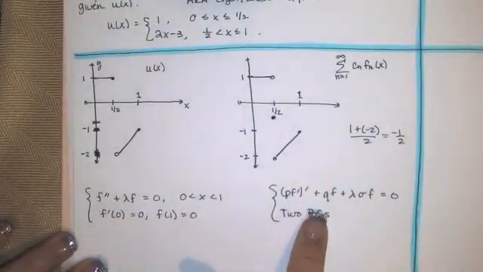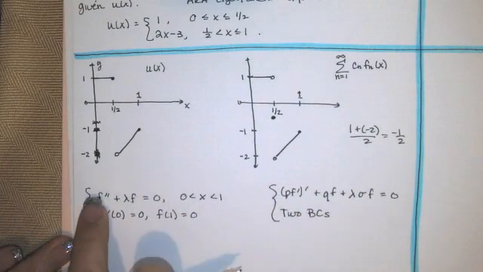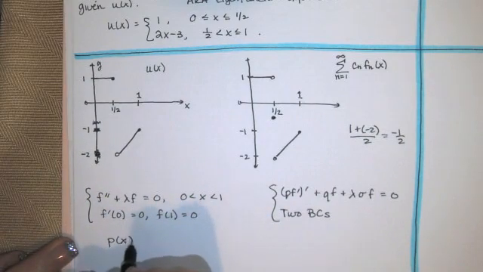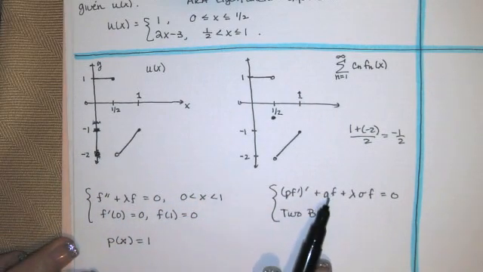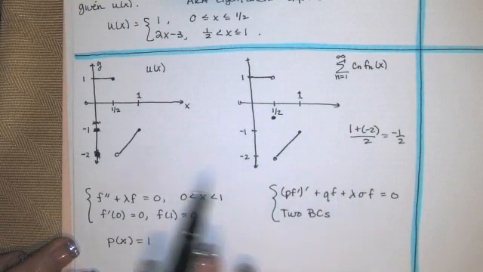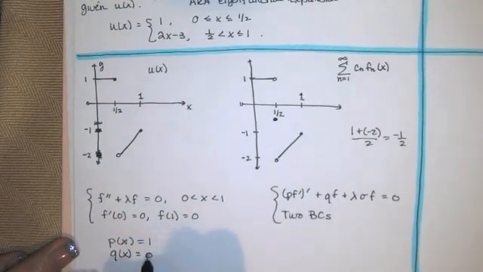Now, if we compare this, I think we can see immediately that p is just 1 because we've got an f double prime here. If I'm looking for a term that involves my function f times another function not involving lambda, I don't have one. So that tells me that q of x must equal 0.